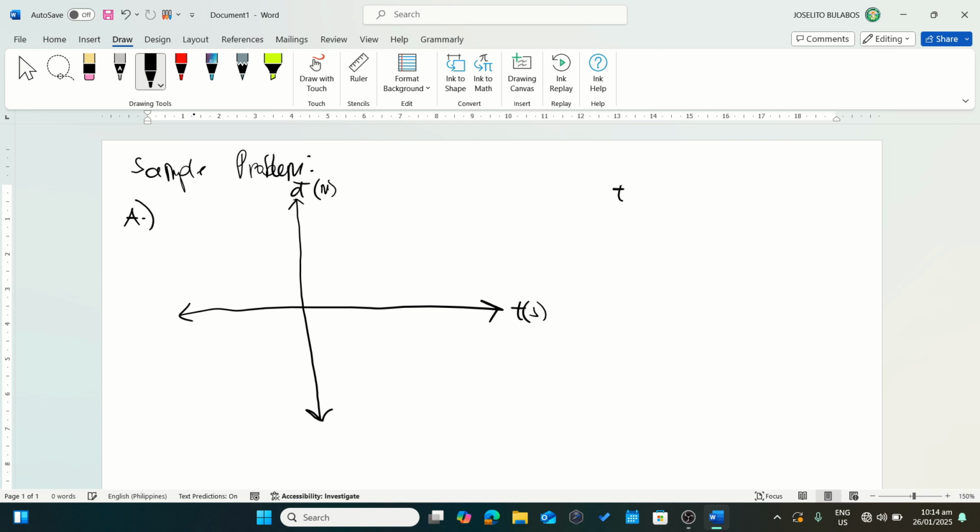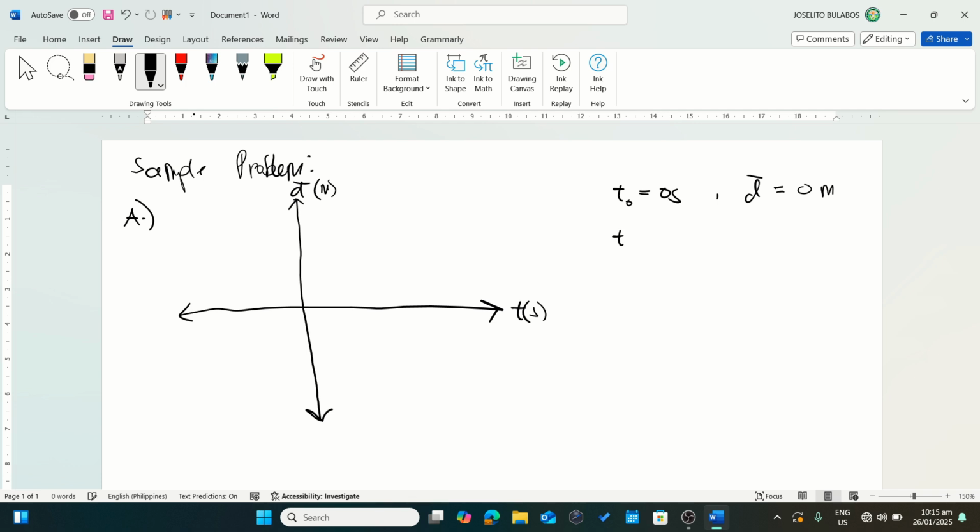Let's say at time 0, the position of the object, or displacement of the object, is actually 0 meters. This is in seconds.